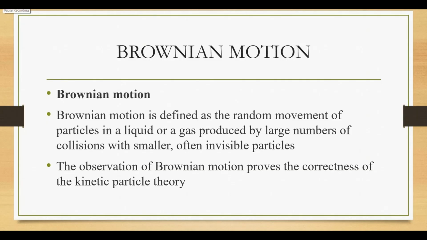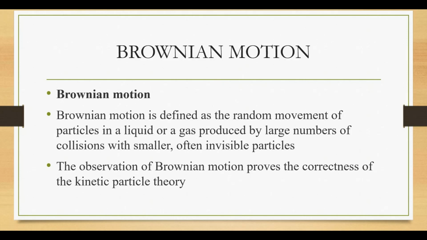Let us start with our first new concept, which is Brownian motion. Now, what is Brownian motion? Let me tell you a scenario. One day, a scientist was observing a pollen grain suspended in water. He realized that the pollen grain was constantly moving in random directions.